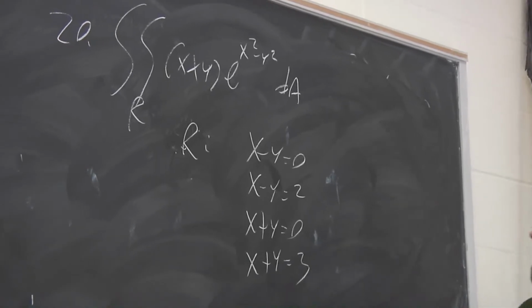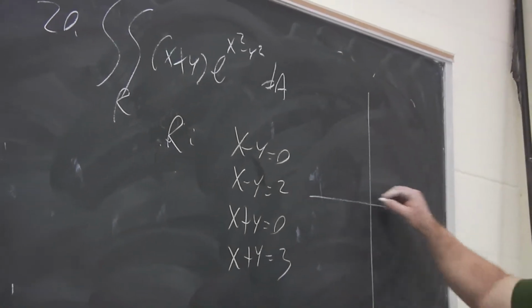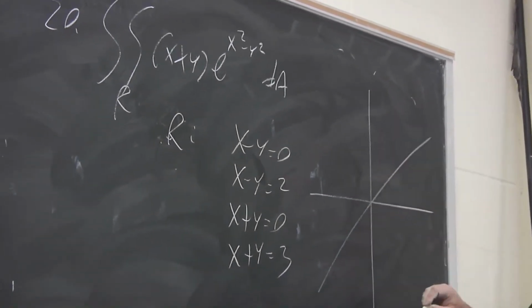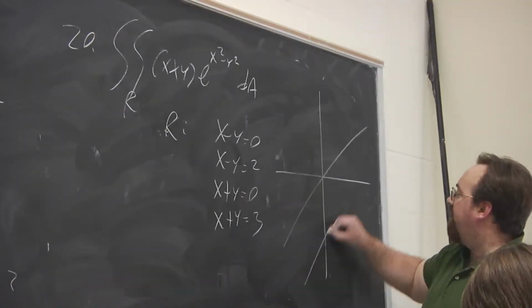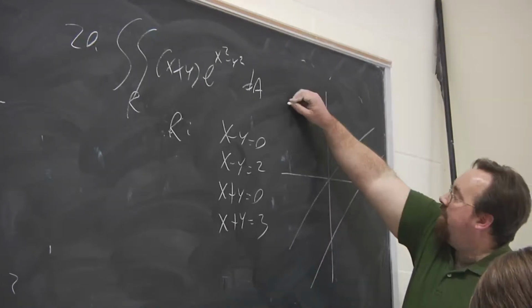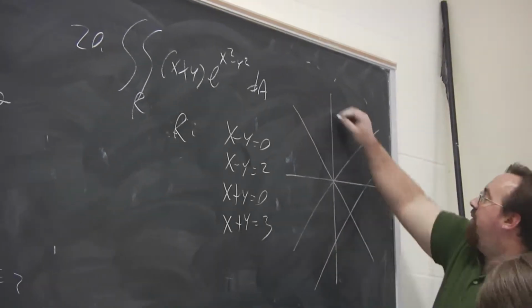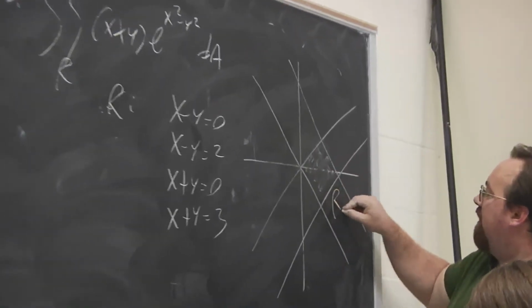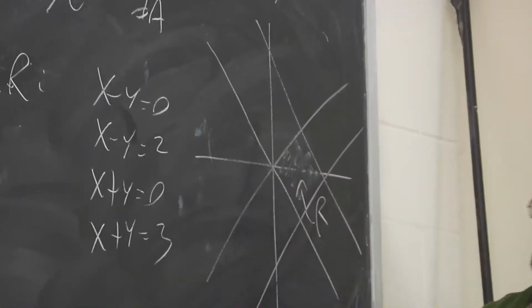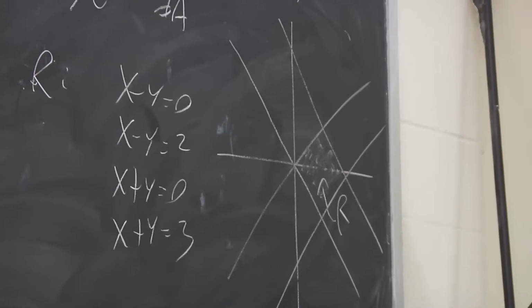So this gives you one edge, y equals x, and here's another. This is your region R that you're integrating over as defined by these four equations.